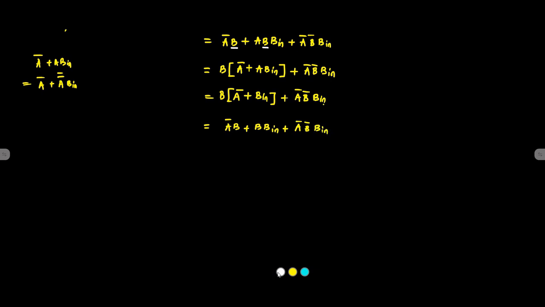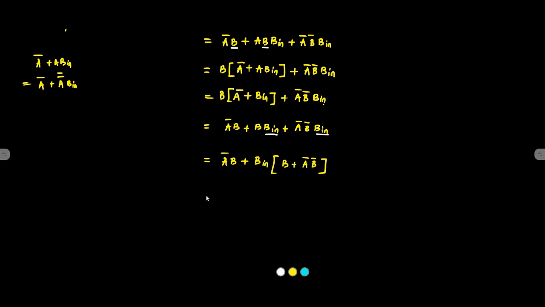Now in these two terms, we have Bn common. So again we will have A bar B, or taking Bn common, we have B or A bar B bar. Again this is X or X bar Y, so B or B bar A bar.